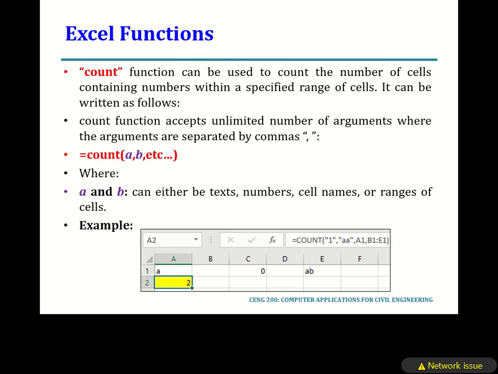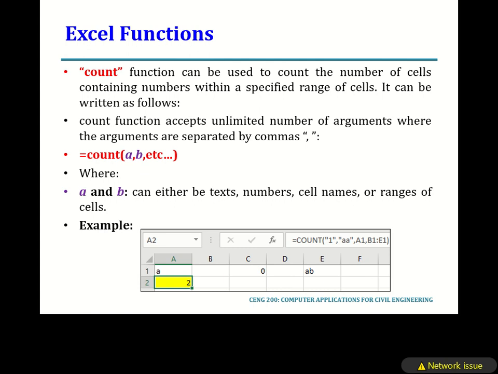Count. You see here, 1 I typed it myself, AA I typed it myself, then cell A1, cell B1, C1, D1 up to E1. In all of them, it will count the cells which have a number. Why I was saying if you put a number here yourself, it doesn't make any sense? You see, 1 is a number, right?